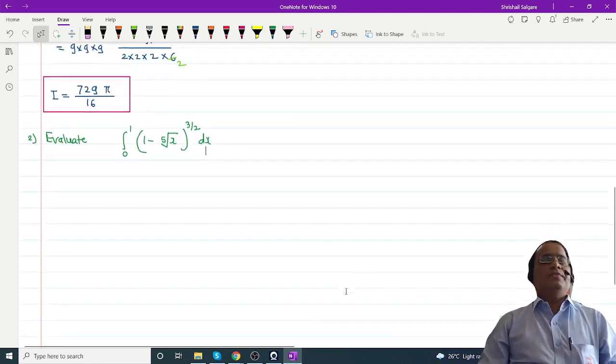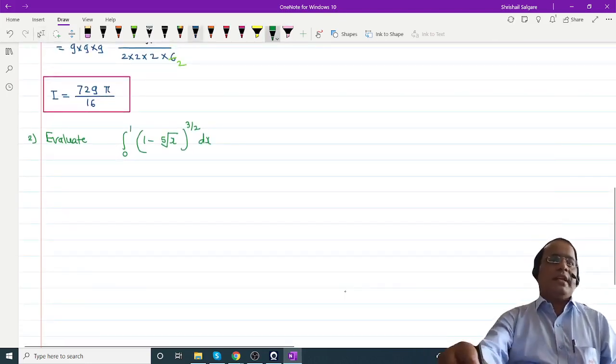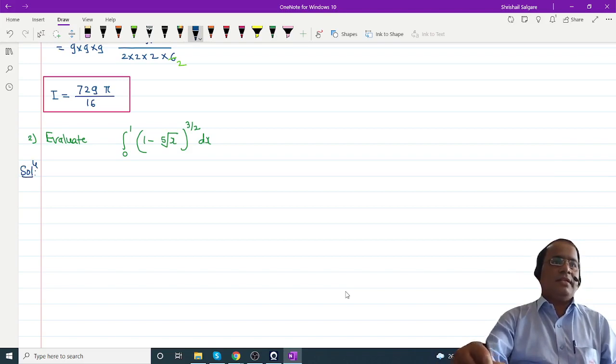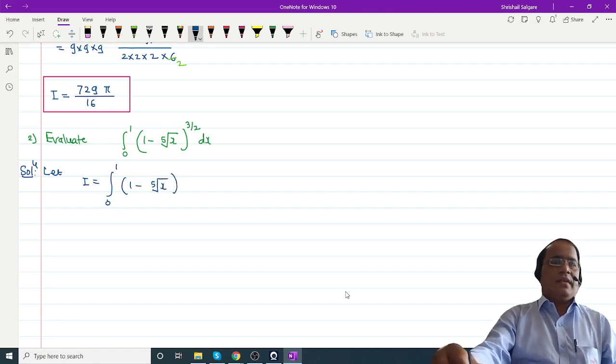So in the first step I will call this integral I. So let I is equal to integral 0 to 1, 1 minus fifth root of x raised to 3 by 2 dx.